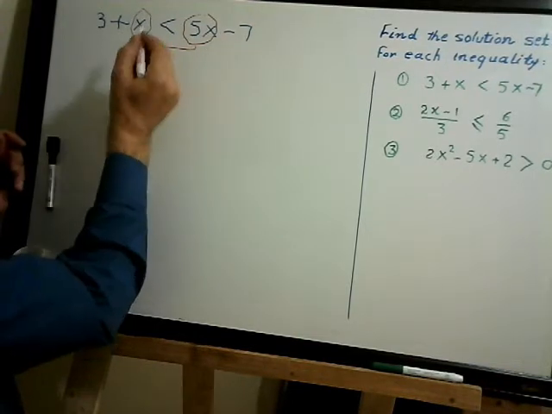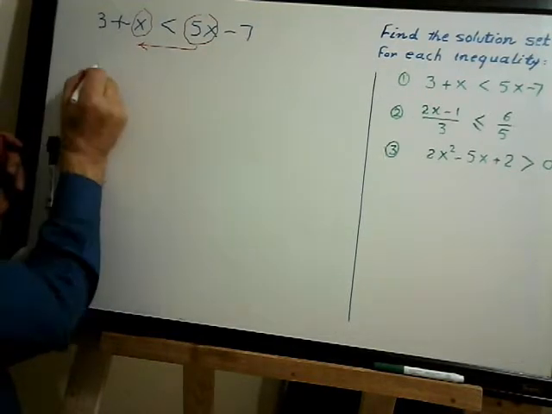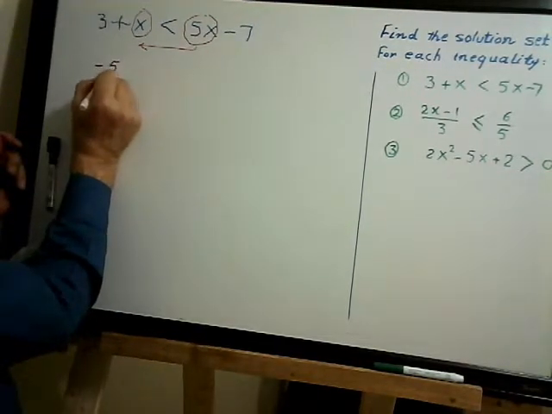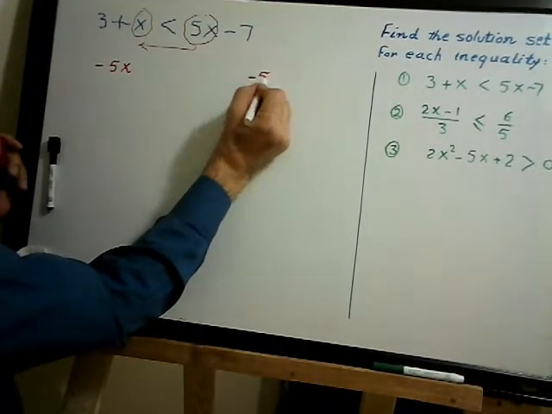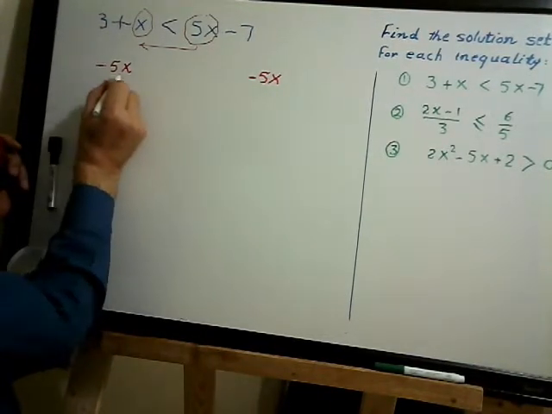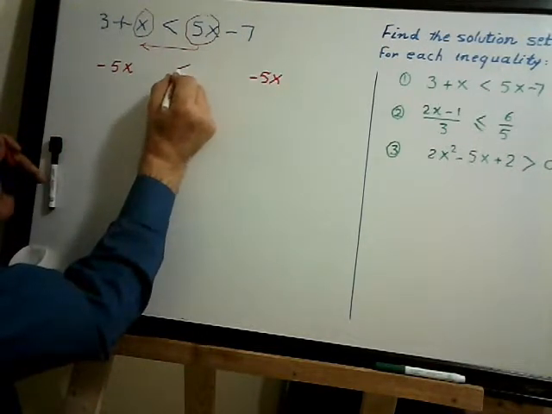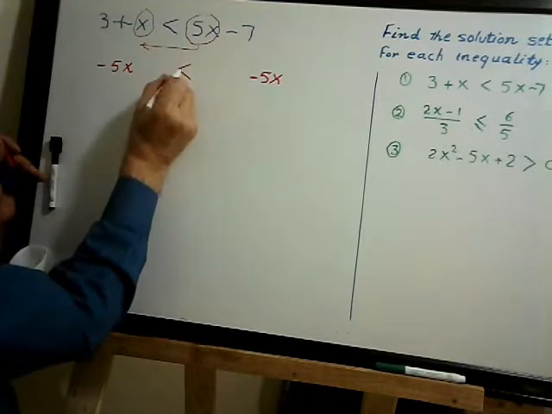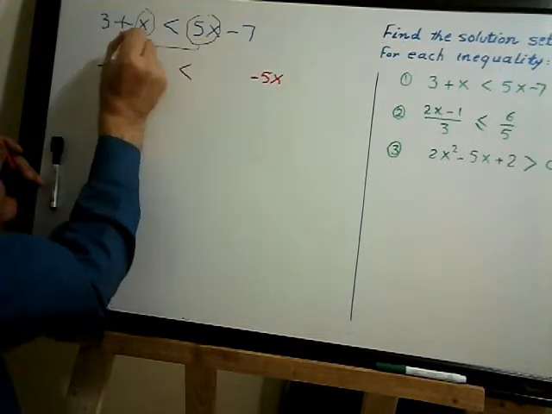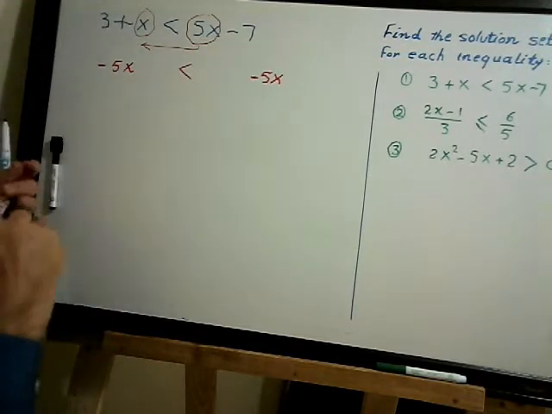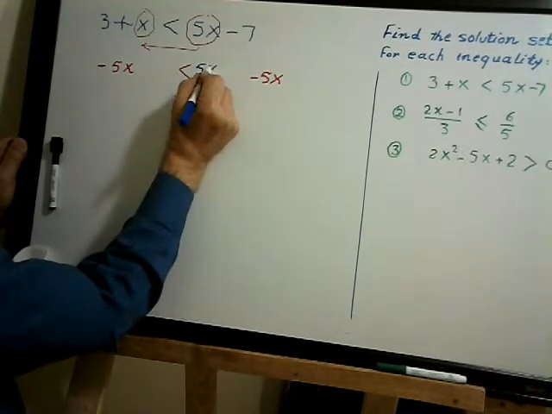This will happen by adding negative 5x to both sides first. The sign of the inequality will stay the same, and the other terms we write as they were before any operation.